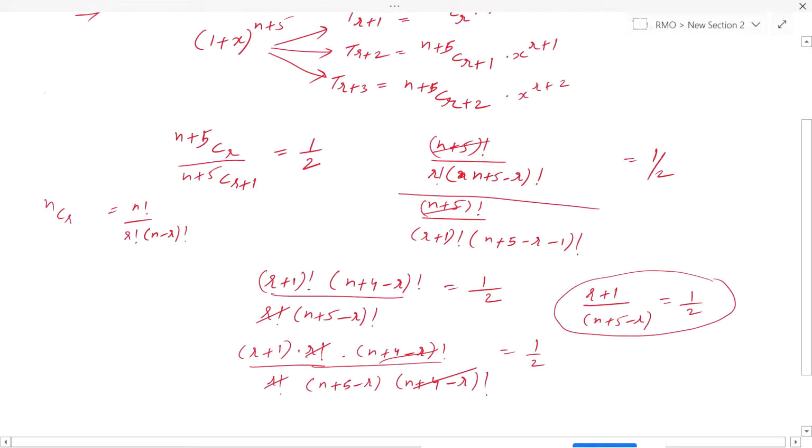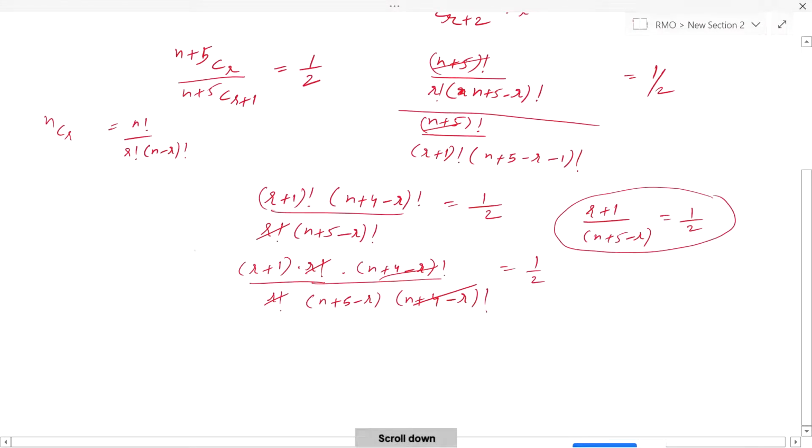Now we have to do this part also. One minute, let me check how much space. Okay, we have the space. So this is your equation 1. After that we'll try it on this also. N plus 5 C R plus 1 upon N plus 5 C R plus 2 is equal to 10 by 14, which is 5 by 7.